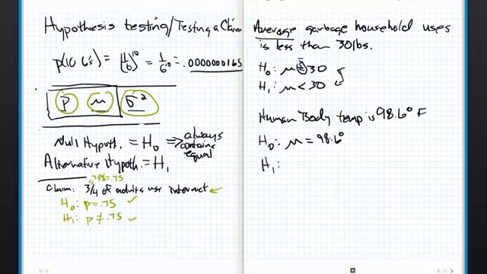Notice I didn't make any sort of claim about being greater than or less than. I simply said human body temperature is 98.6 degrees. Well, that implies that the alternative hypothesis, which always contains the inequality, is going to be not equal to 98.6 degrees. You see how that works?